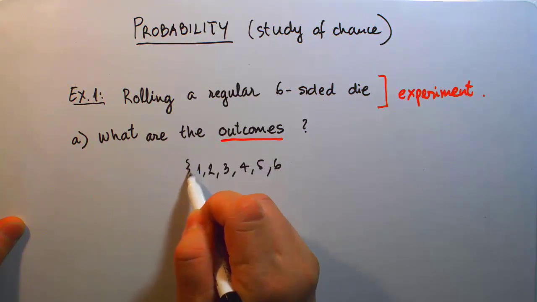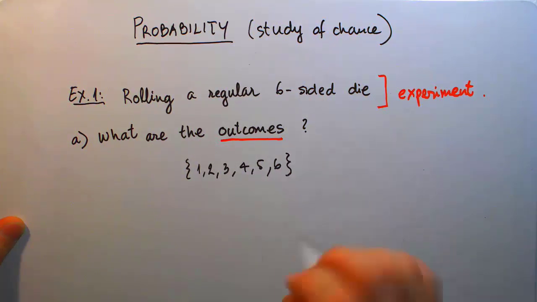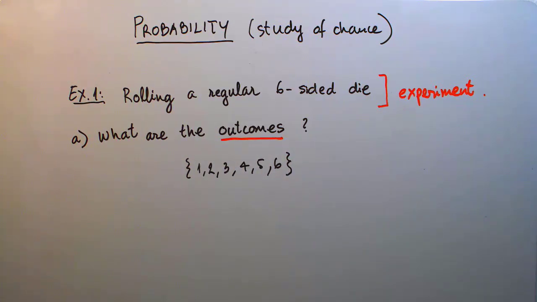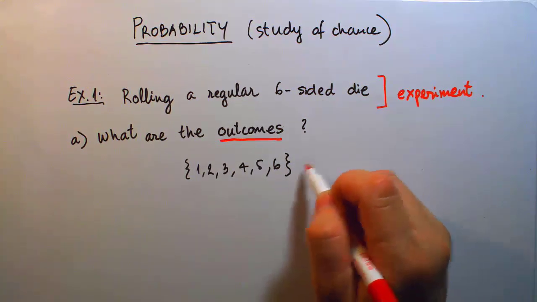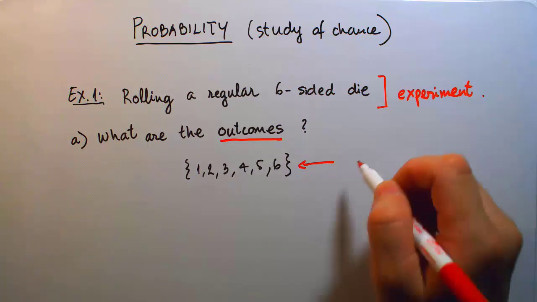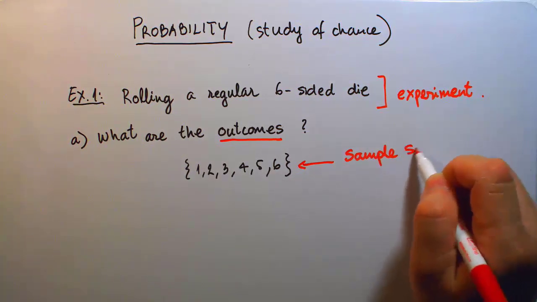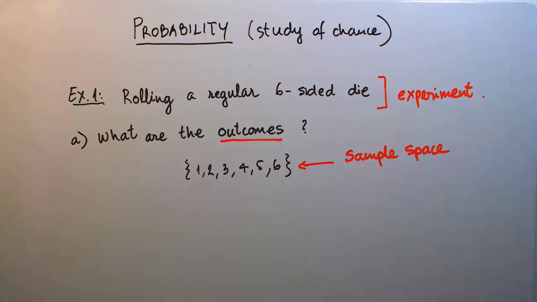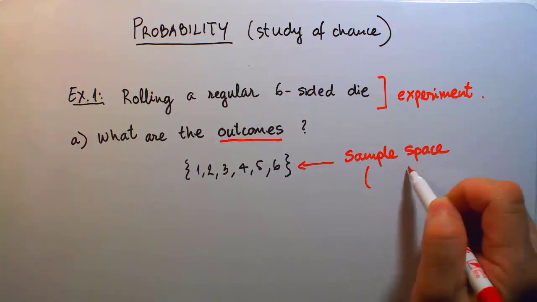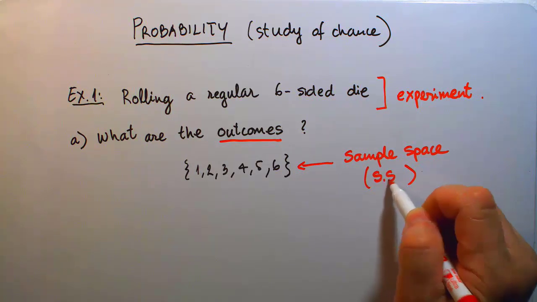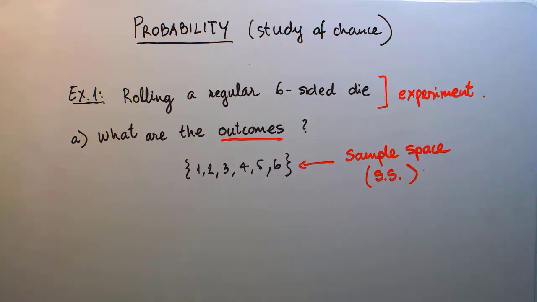This set of outcomes, in formal probability terms, we refer to as a sample space. A lot of the time throughout this lecture I use SS to be short for sample space. It simply saves me time writing.